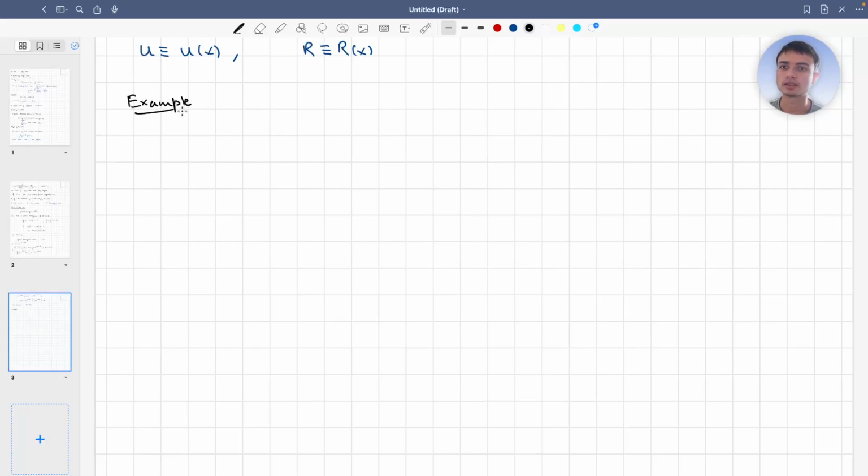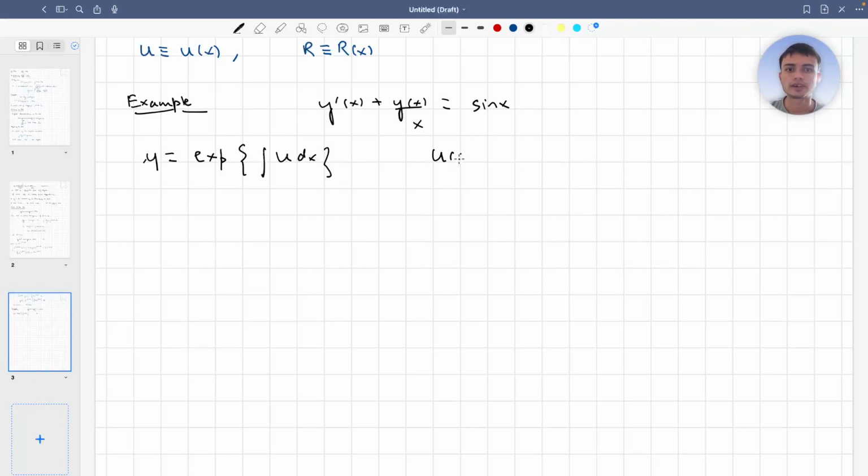Say I have this differential equation, y'(x) + y(x)/x = sin x. My first job is to find my integrating factor mu, defined as the exponential of the integral of u dx.